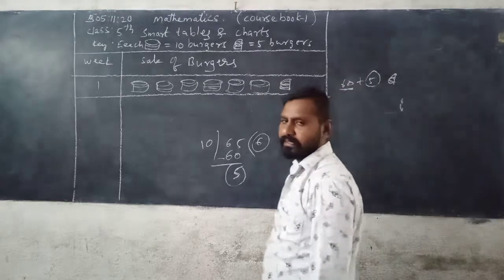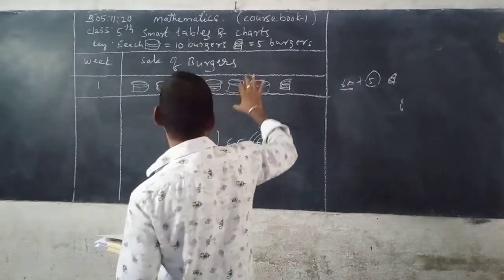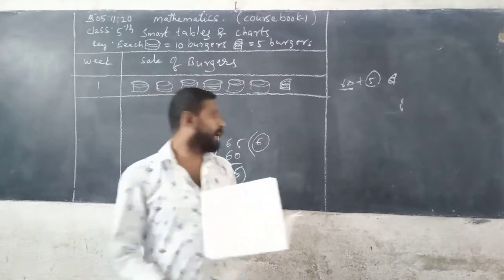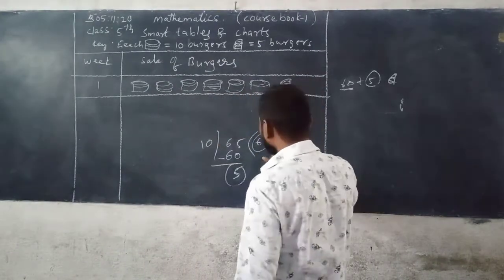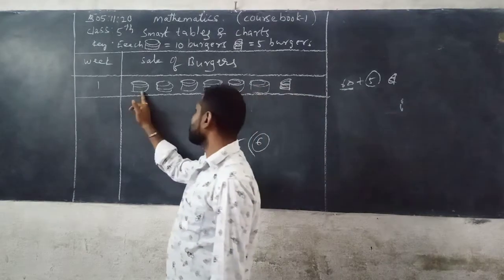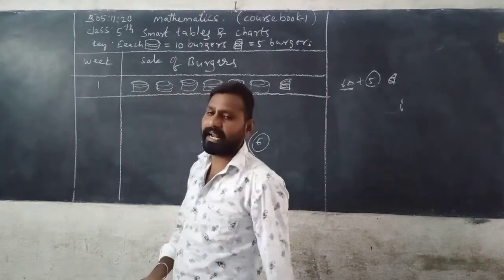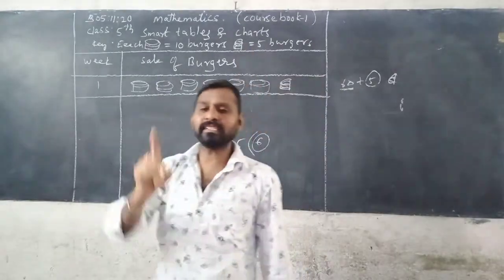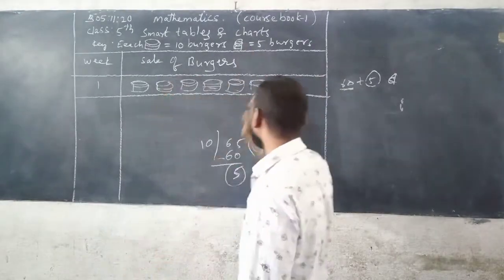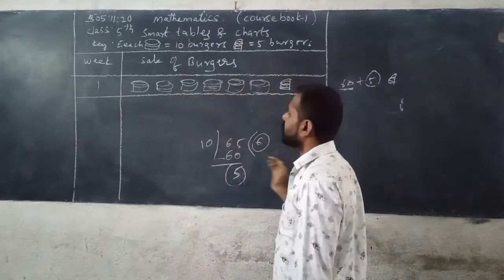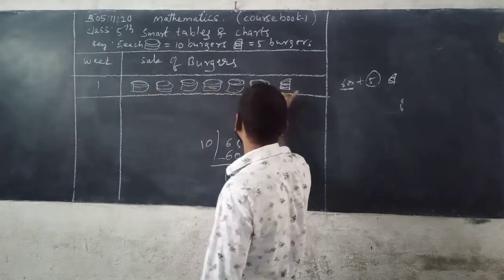Did you understand? 65 divided by 10 gives 6 and 5 is the remainder. So you draw 6 full burgers and 1 half burger for the first week.